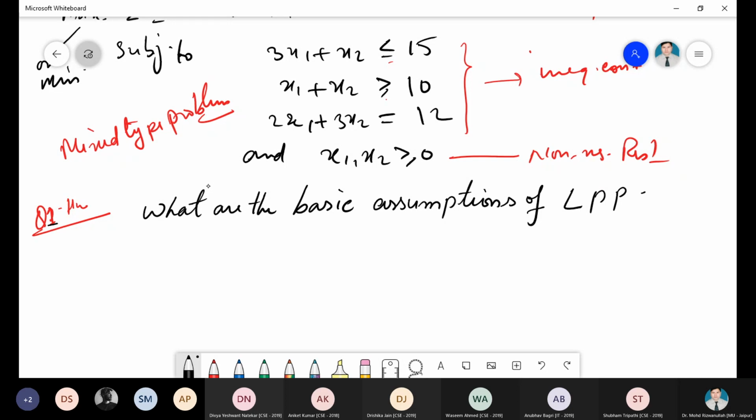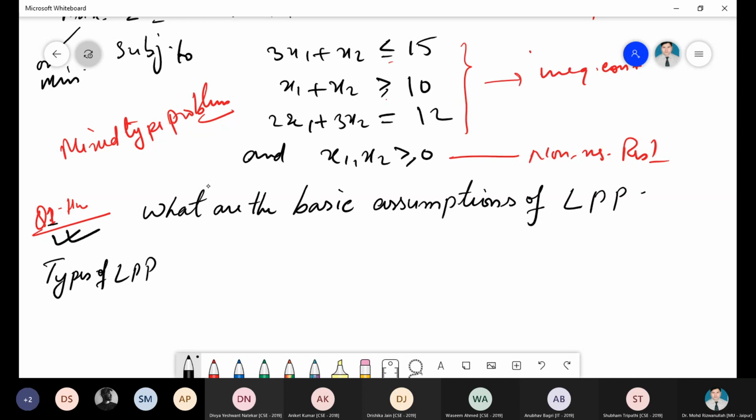And here we'll go for two kinds of problem, primal and dual, as I said. This is an important question: what are the basic assumptions? Types of LPP we'll discuss here.